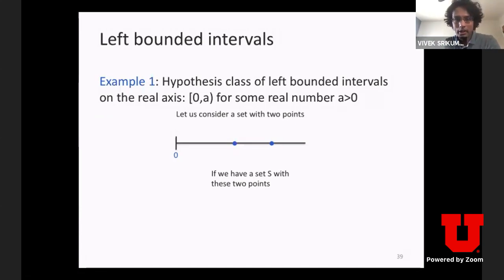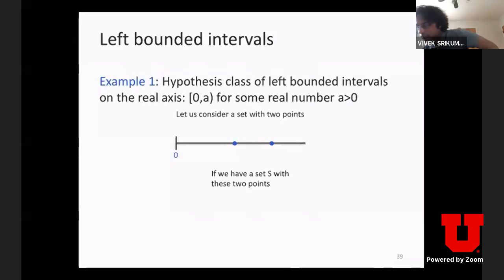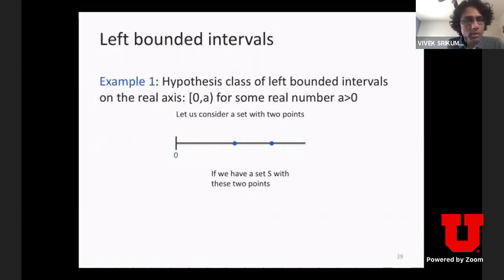Let's consider 2 points. Suppose you have a set with these 2 points. We can ask again, can this class of functions shatter them? For that, we need to consider every possible partition of these 2 points. What do I mean by every possible partition?